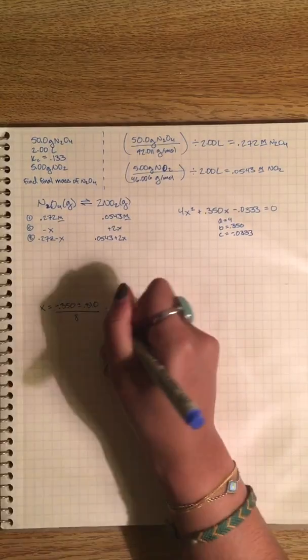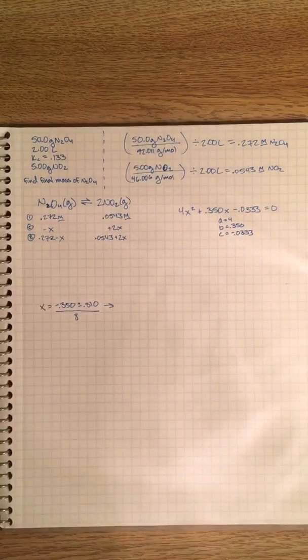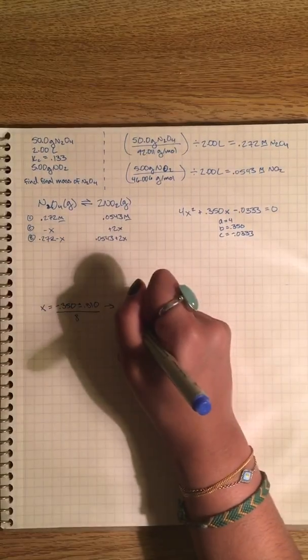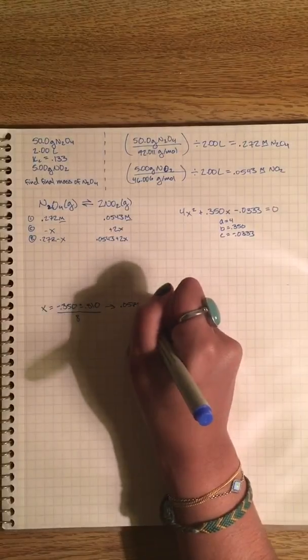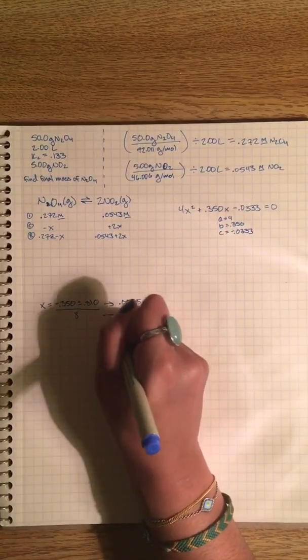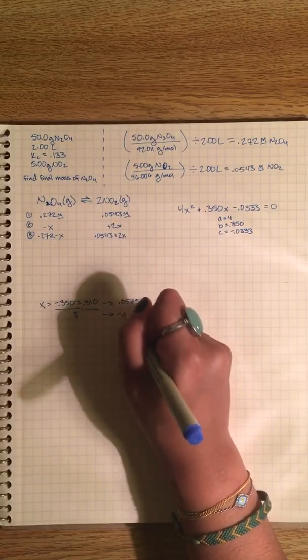And so if we solve this first by using addition in the numerator, we're going to get x is equal to 0.0575. And if we solve it using subtraction in the numerator, we're going to get x is equal to negative 0.145.